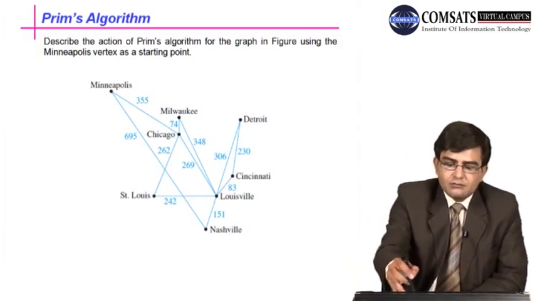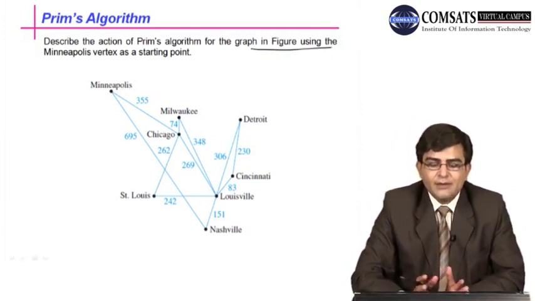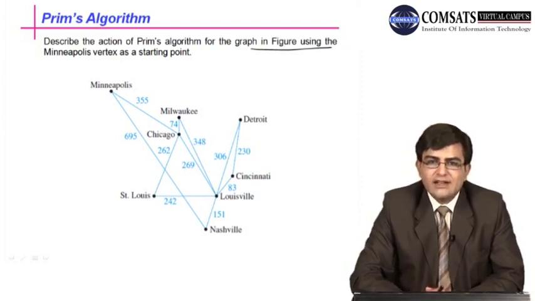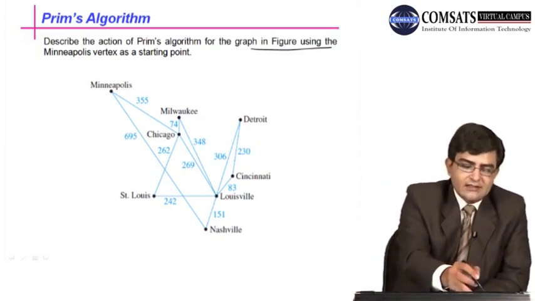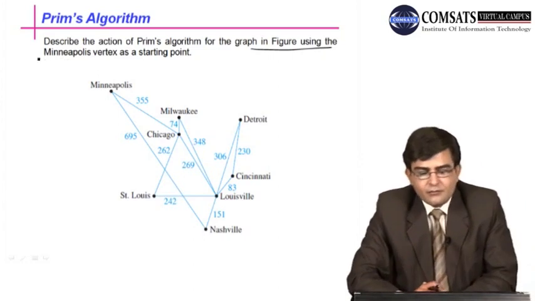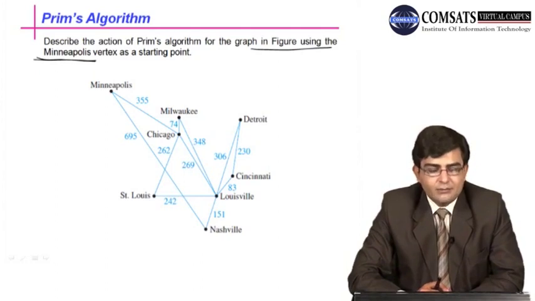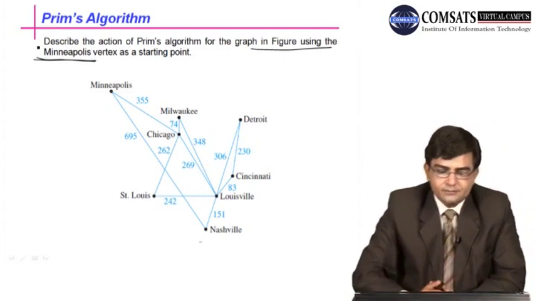And in this algorithm, either in the example or in the question the starting point is given, or you can select the starting point yourself if it is not given. The starting point is given here, Minneapolis. So we have to start finding the minimum spanning tree with this city, Minneapolis.